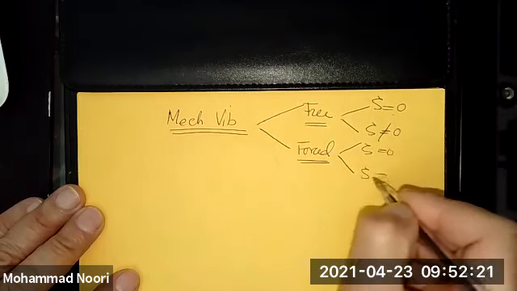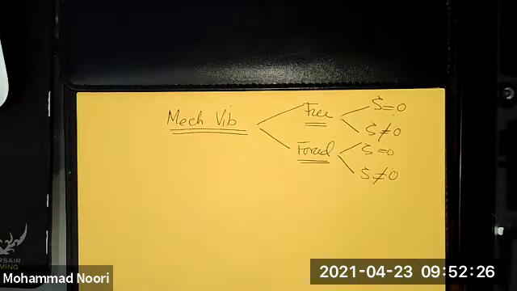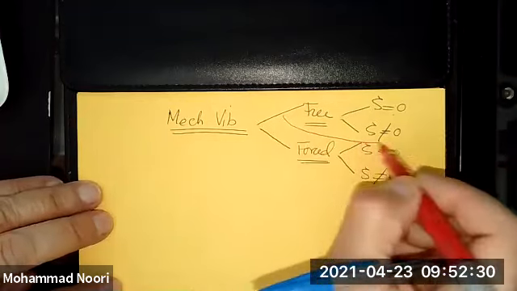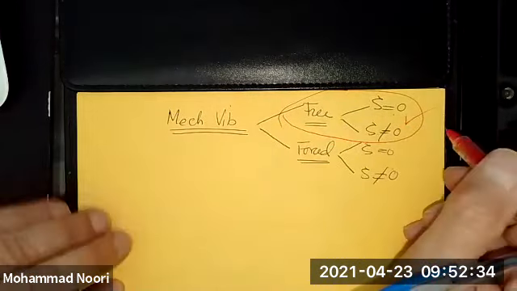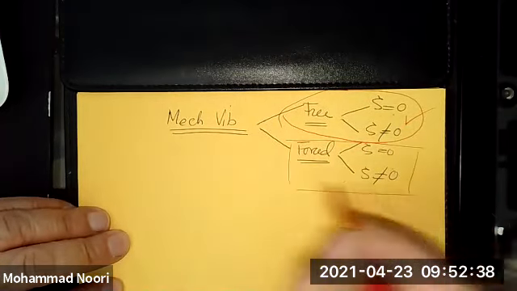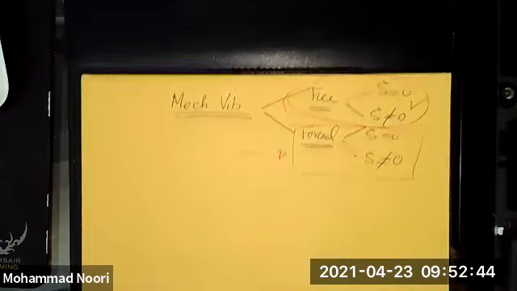So if you now look at this category, we have completely studied these two cases. So now we are going to get into a topic which is really the heart of mechanical vibrations.